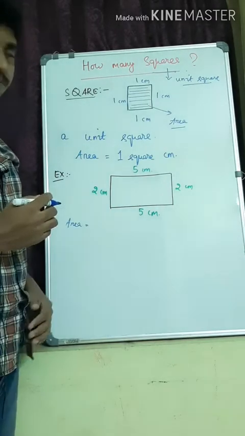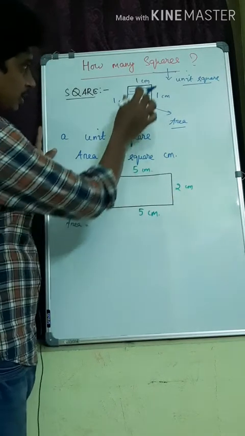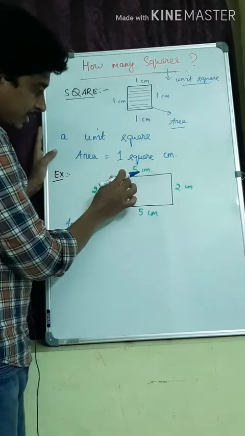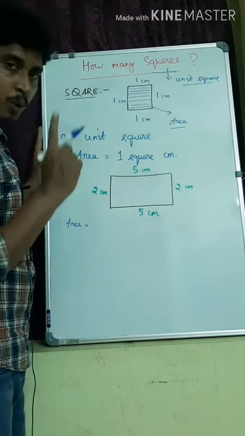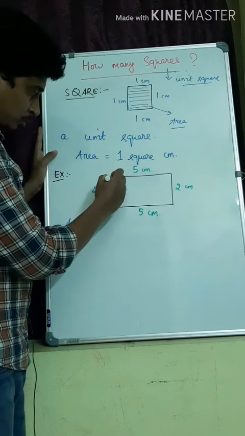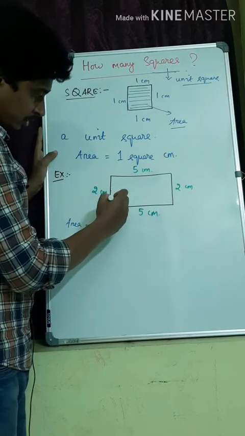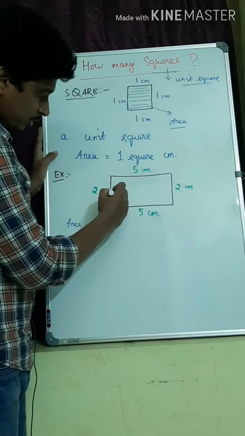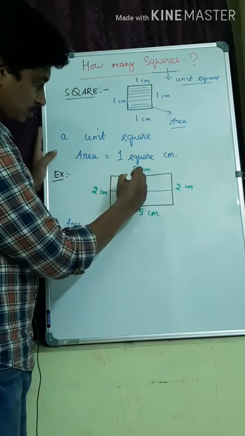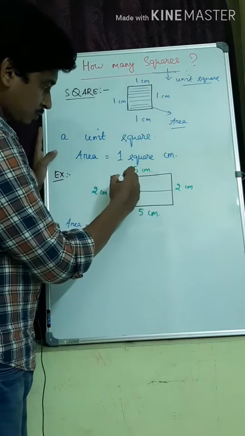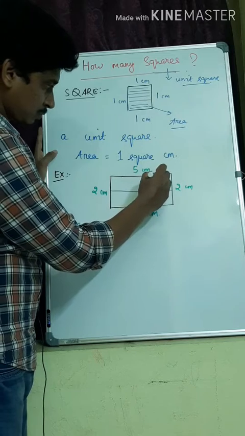How will you find? So children, look, here it is 5 centimeter and this is 1 centimeter. So we can arrange 5 squares side by side in one row, and there are 2 rows as it is 2 centimeter. So it is 1 centimeter and this is 1. We can draw like this. One, 2, 3, 4 and 5.